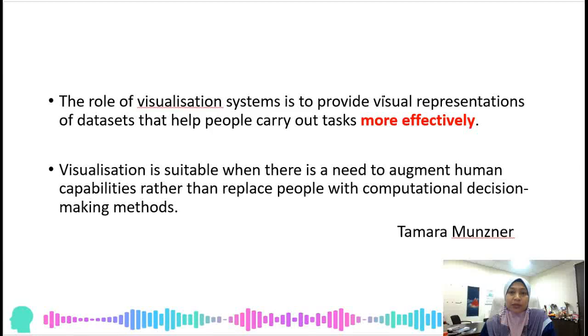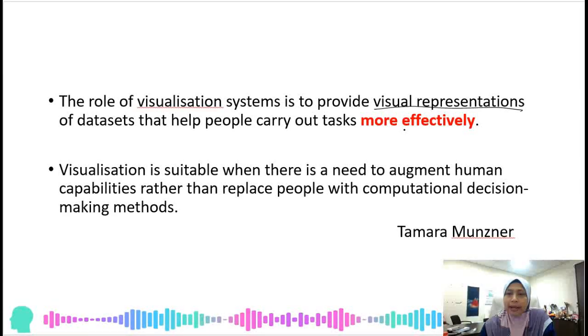So the best way to do it is by providing a visual representation, so that the decision maker can make decisions better based on the visual.